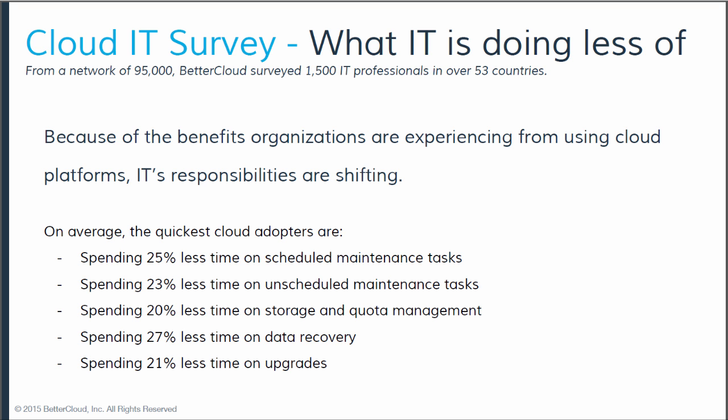The other items, again, upgrades, but also data recovery. That used to be a fairly time-consuming task. I know that in previous organizations, if someone needed to recover someone's mail file, they would have to do the arduous task of going back through and looking at tapes and pulling different tapes, and you had a whole tape schedule. Well, a lot of that's been eliminated.